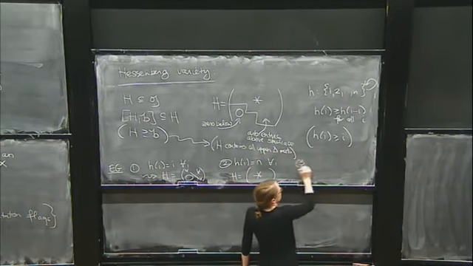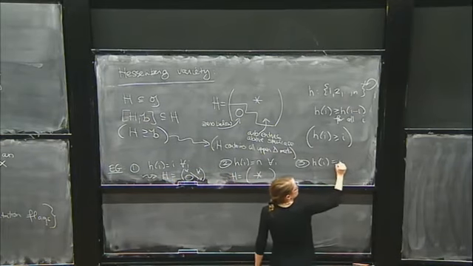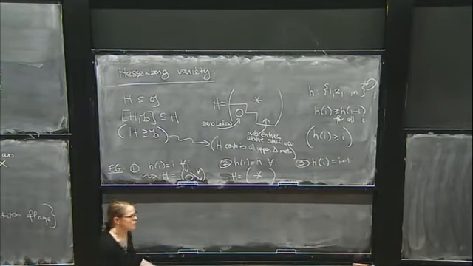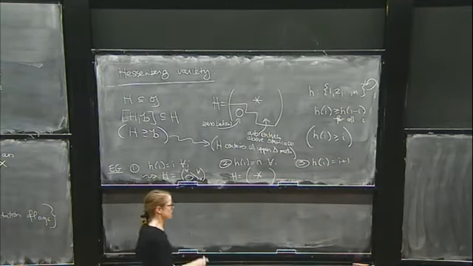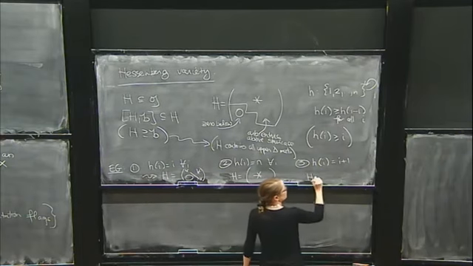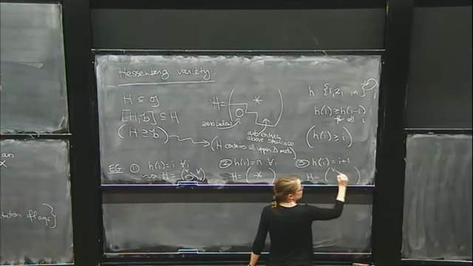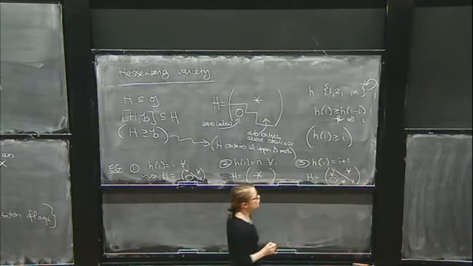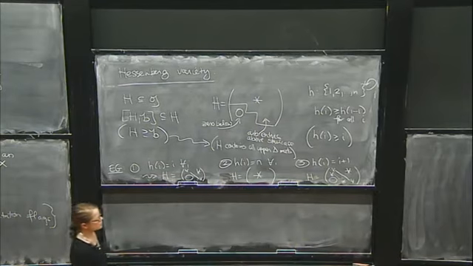And I could take h of i equal to i plus 1 for all i up to n minus 1. This would look like something where you've got all of the upper triangular things, and then you're also allowed to be non-zero just below the diagonal.